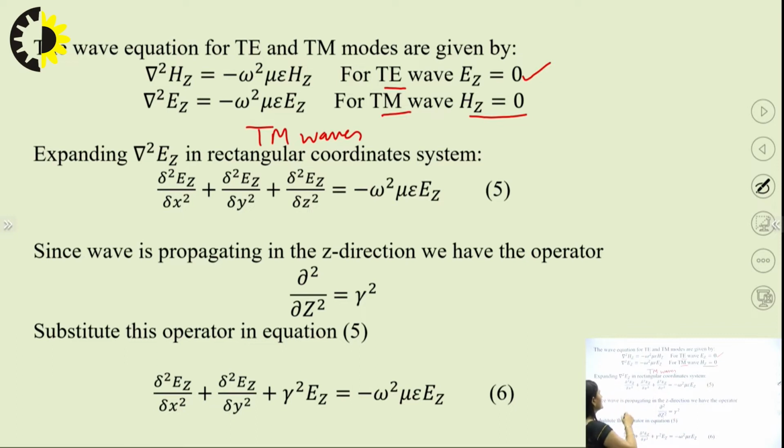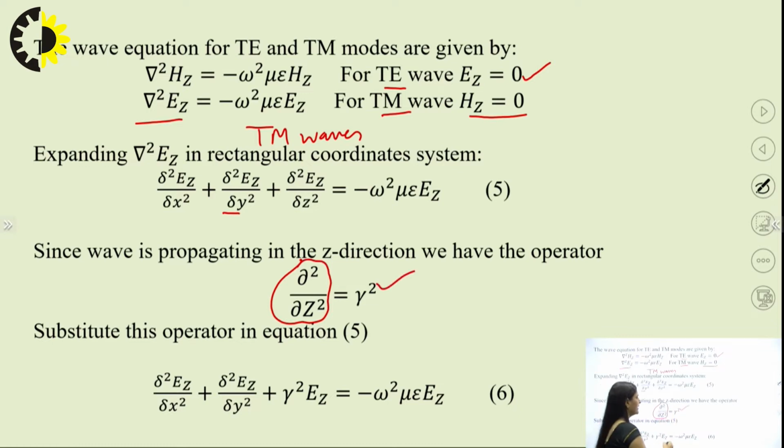So expand this del square Ez into rectangular coordinates. I can write del square Ez upon del x square plus del square Ez upon del y square plus del square Ez upon del z square is equal to minus omega square mu epsilon Ez. Since this wave is propagating in the z direction, I can assume an operator, that is, del square upon del z square is equal to gamma square.